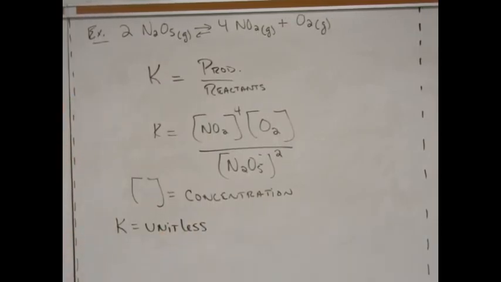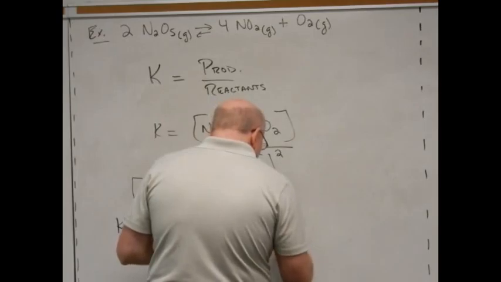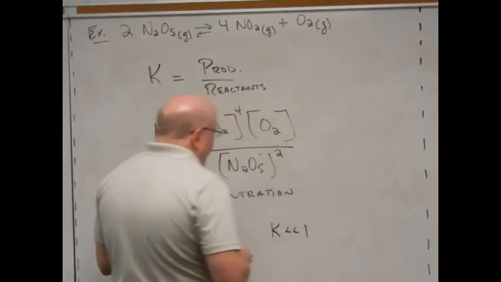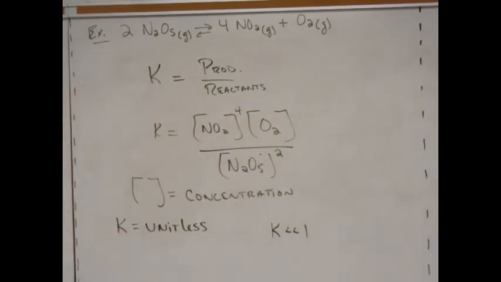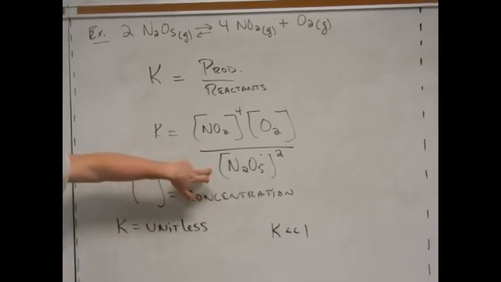We could also get a sense, because of the way it's written, it's products over reactants, where the reaction lies. Is it equally split, that you have an equal amount of products and reactants, or is it higher on one side or the other? For example, if K is much less than 1, K being much less than 1 means that the number on the bottom has to be the larger number.